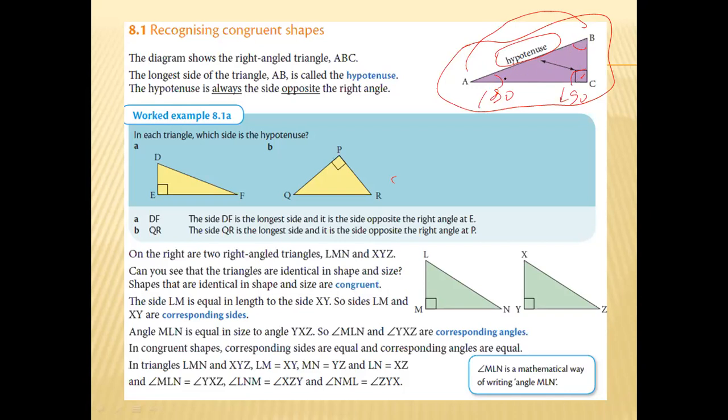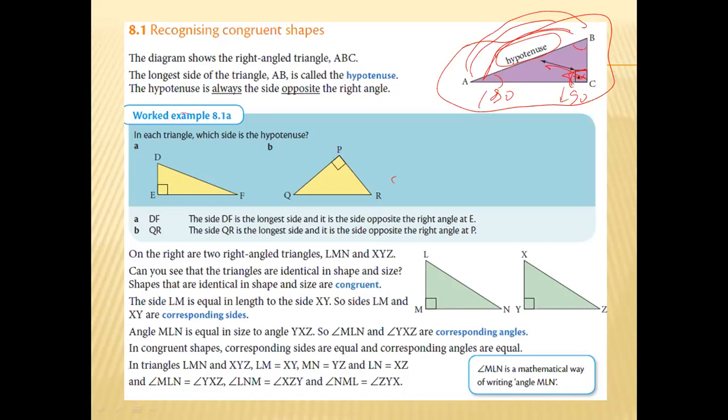So our 90 degree angle is the widest one, and the side opposite this angle is longer than the other sides, and this side is called the hypotenuse. The hypotenuse is always the side opposite the right angle.